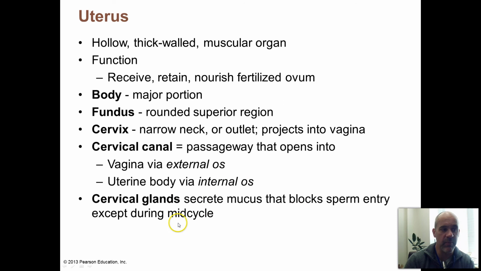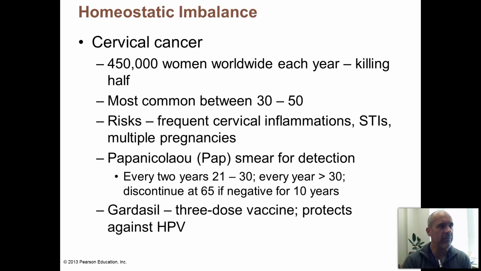Ovulation occurs around the middle of a female's monthly cycle, and so that's actually the only time when sperm really need to be moving beyond the vagina and up into the fallopian tubes, where an ovulated ovum may be waiting for them.